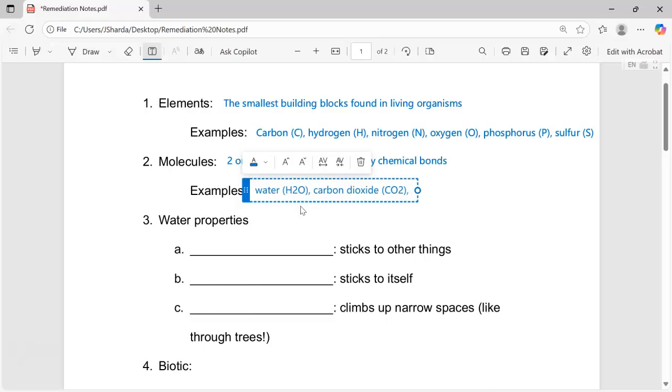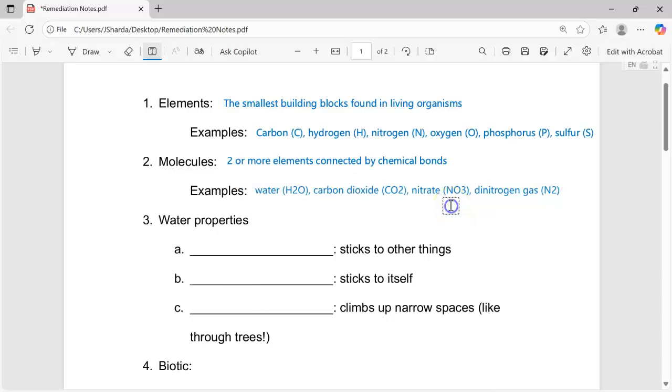All sorts of molecules. Nitrate, a form of nitrogen that can be used by plants, is NO3. So you'd have one nitrogen and three oxygens. The unusable form of nitrogen would be dinitrogen gas, and that would be N2. So lots of different examples of molecules. When you put several elements together, you get a molecule.